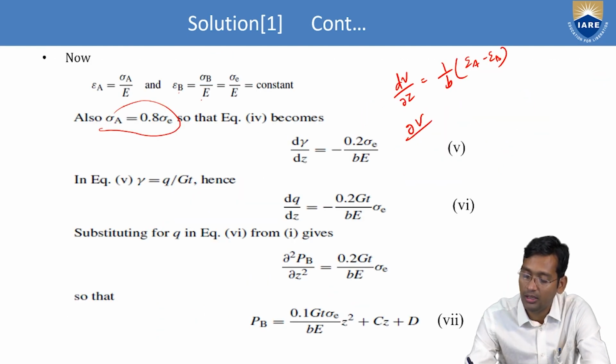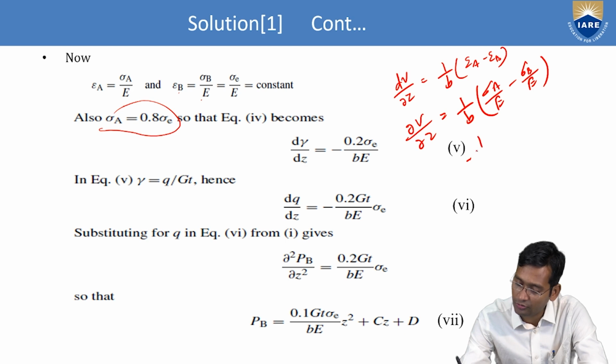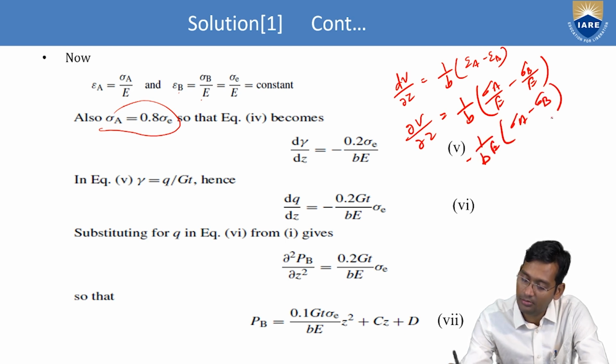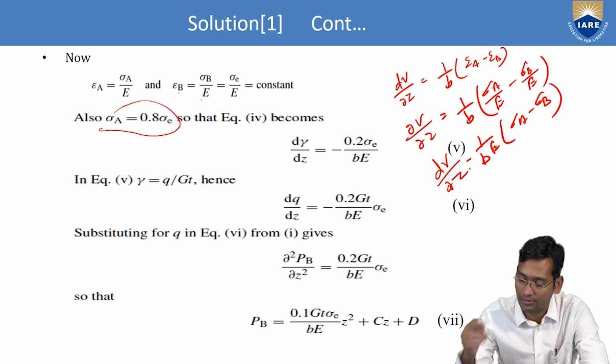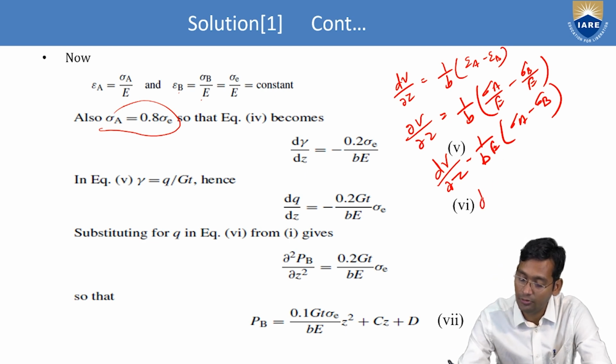So d gamma by dz is 1 by B into sigma A by E minus sigma B by E. E taking common, so 1 by BE into sigma A minus sigma B. This is d gamma by dz. Now sigma A is 0.8 sigma E, so just put that value: d gamma by dz equals 1 by BE into 0.8 sigma E.